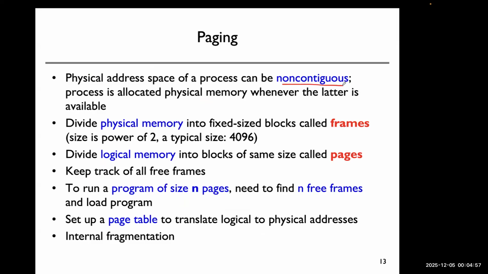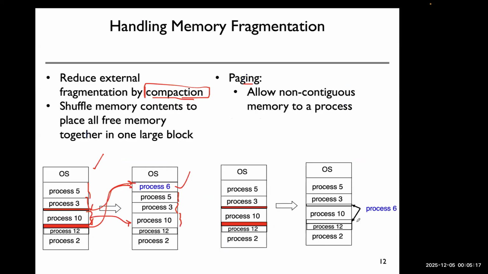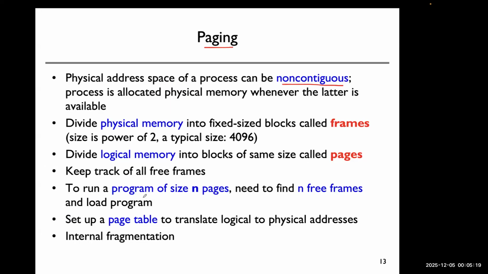It is not possible in contiguous allocation to have a non-contiguous physical address space, but in paging, we allow processes to have a non-contiguous address space. So a process is allocated physical memory wherever it is available. Wherever you have the holes available, you use them to satisfy the request.